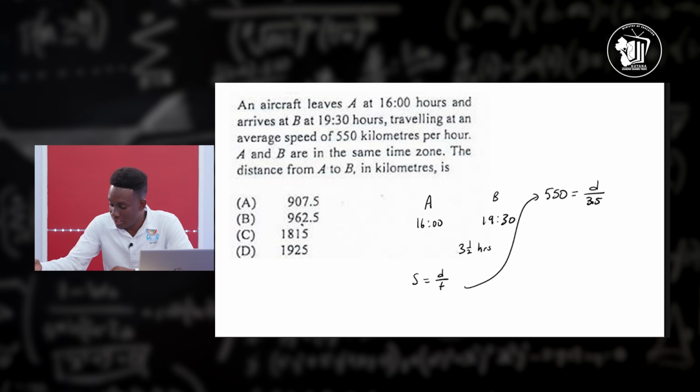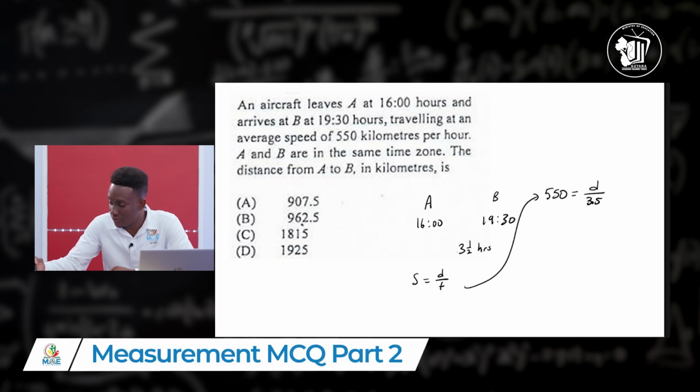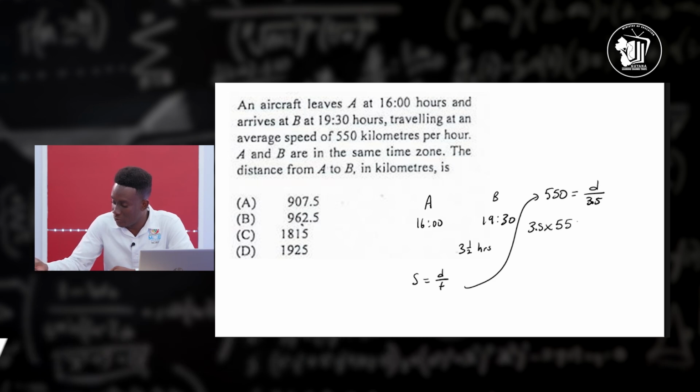So to find D, I must take over this 3.5 and multiply it by 550. That will give me the distance.